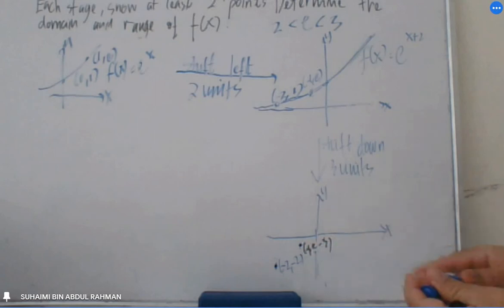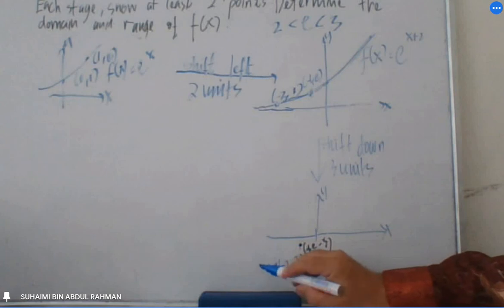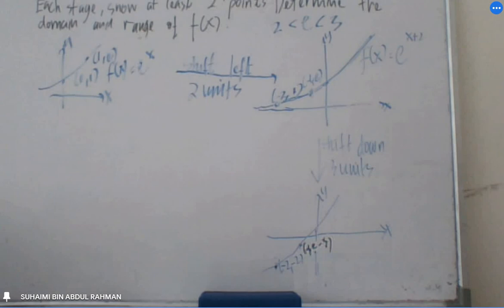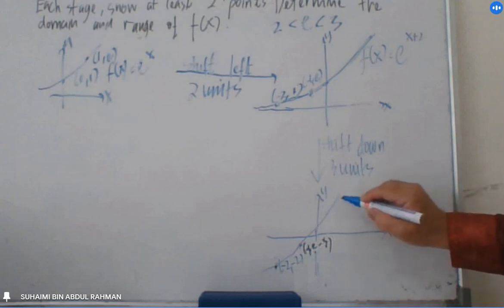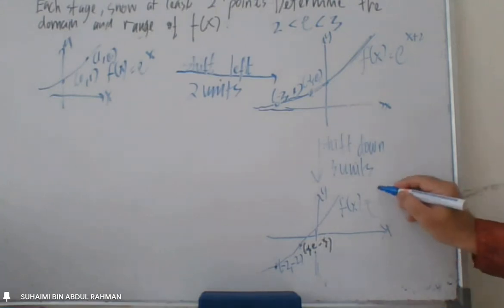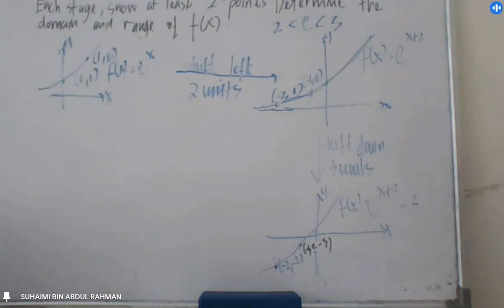So the graph becomes this. And what is the function now? e to the power of x plus 2, minus 3. And what happened to our asymptotes?